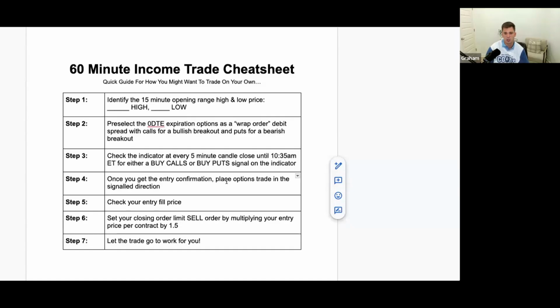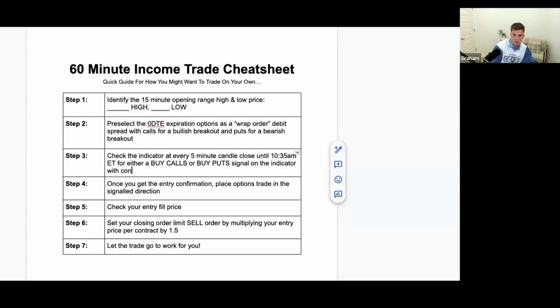Now remember, make sure you get the entry confirmation on both SPY and XSP. So once you get the entry confirmation, you can place your trade, check your entry fill price, set the profit target, multiplying your contract by 1.5.